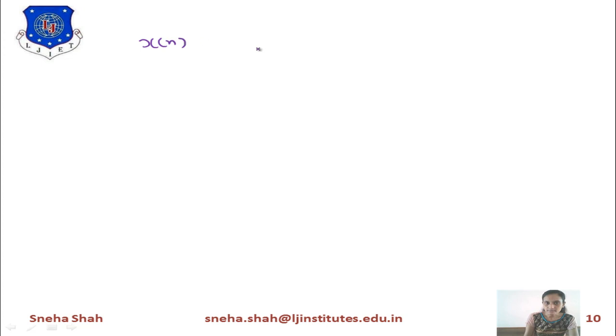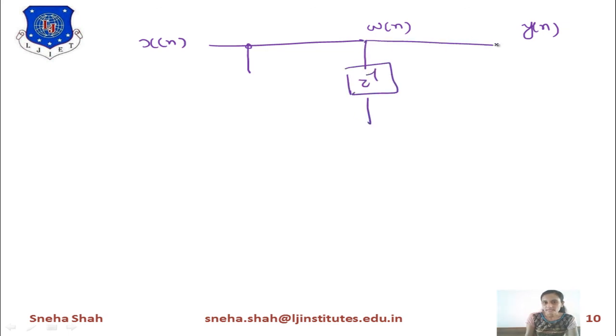If we take the input as x of n, then it gives you the output w of n, and the output of it equals y of n. From this we take a delay unit. The delay unit gives you two outputs. It multiplies with 1 by 2, so it gives you the output for the numerator part, and over here it gives you the term for the denominator part.